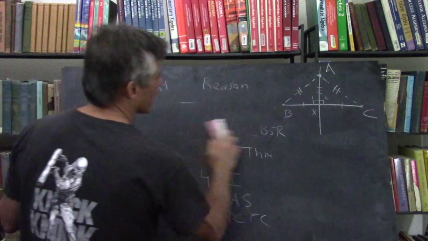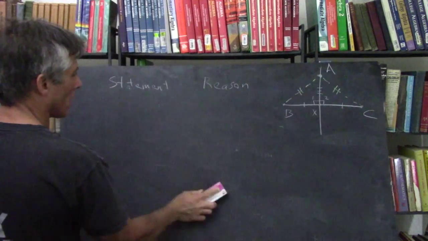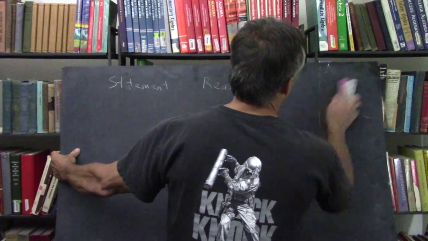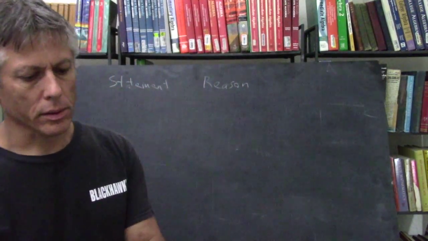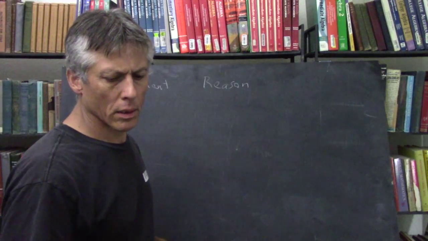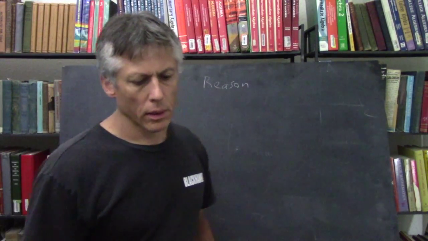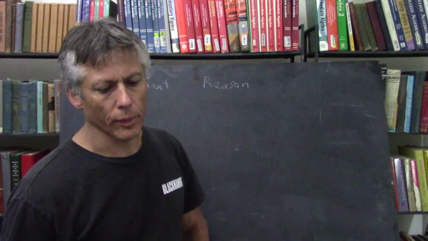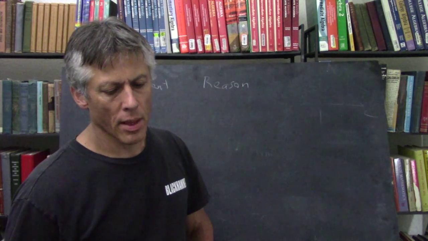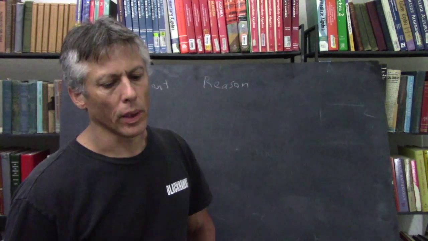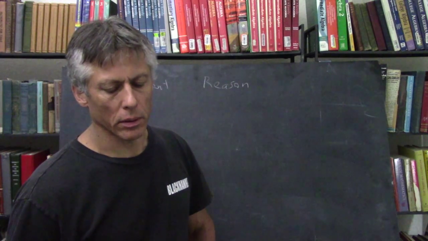I'll do this one a little differently. I'll do this by contradiction. So, theorem 4.6 says, if a point is equidistant from the endpoints of a segment, then the point lies on the perpendicular bisector of the segment.